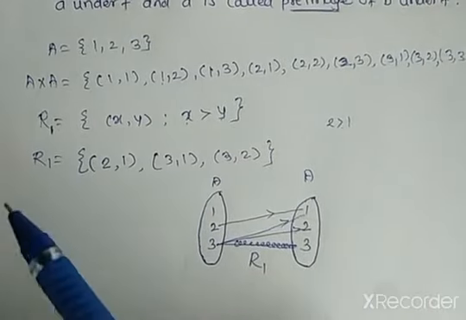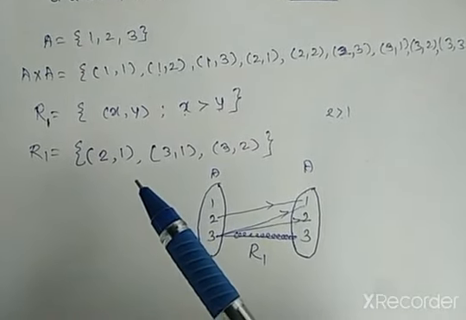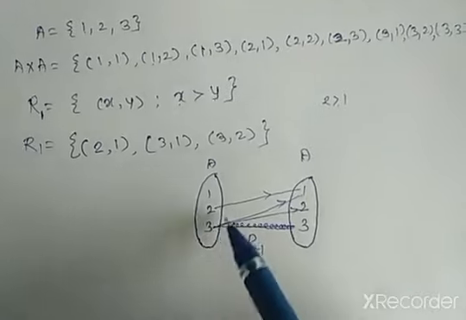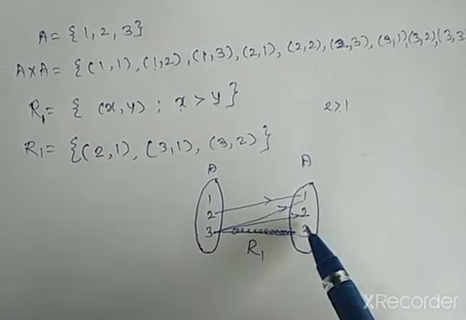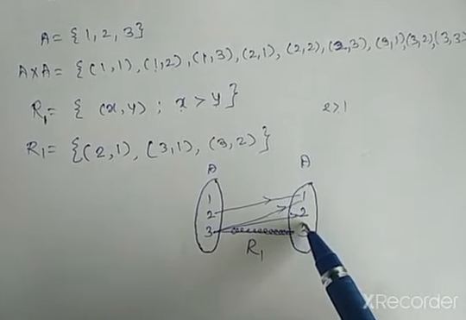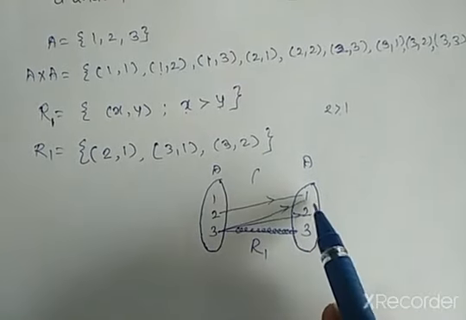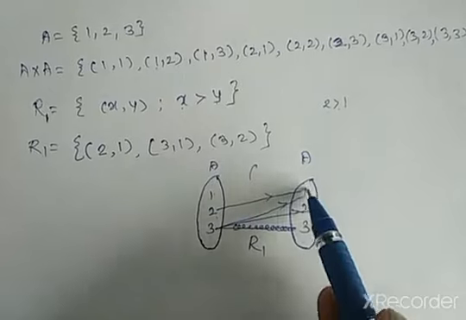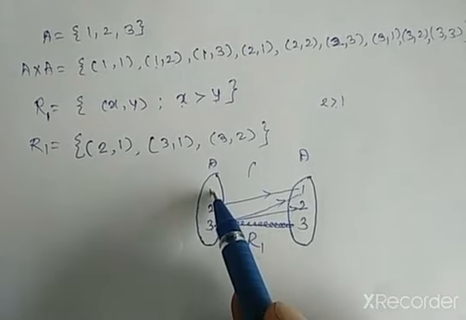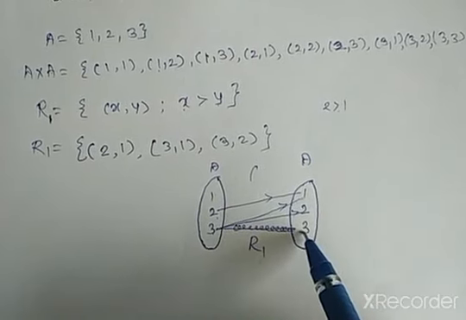Now we have to see whether R1 is a function or not. In this, 1 does not have an image in A under R1. Here 2 has an image, 3 has an image, but 1 does not have an image in the codomain, because this is the domain set and this is the codomain set.